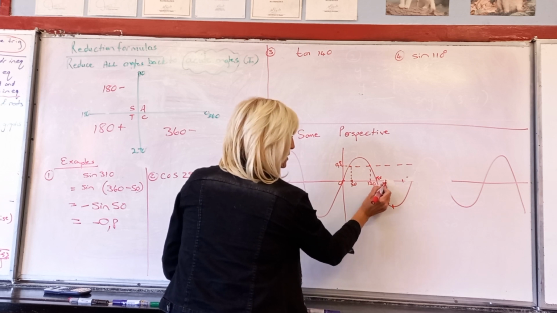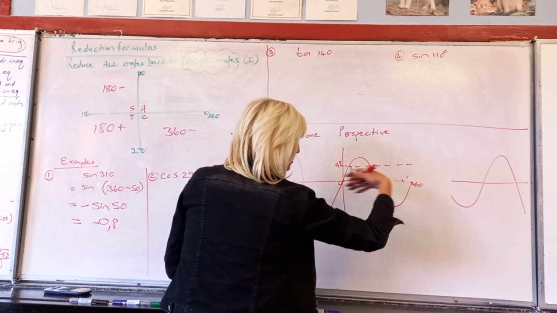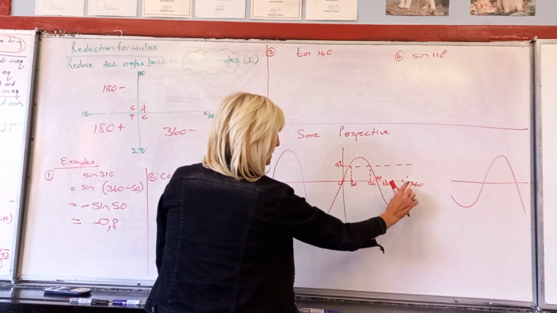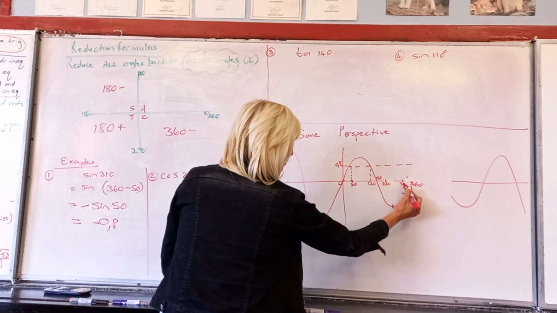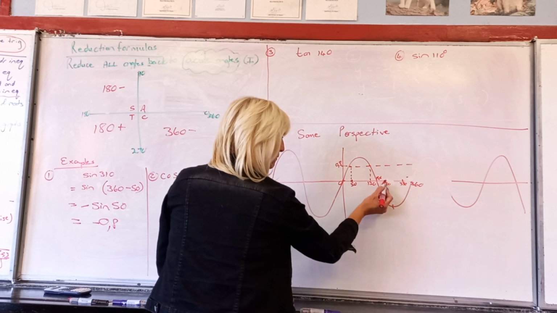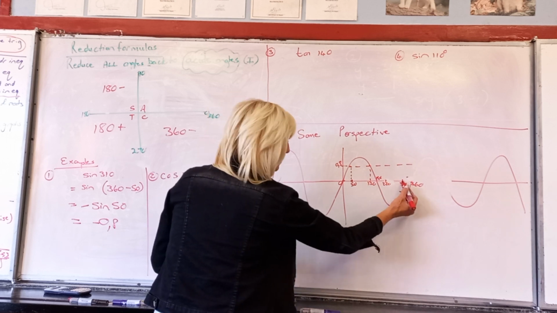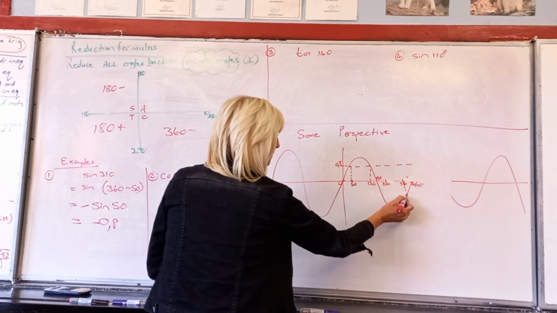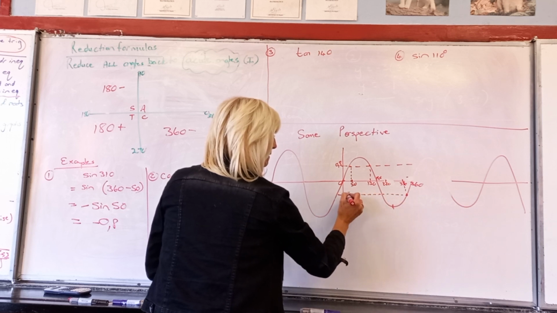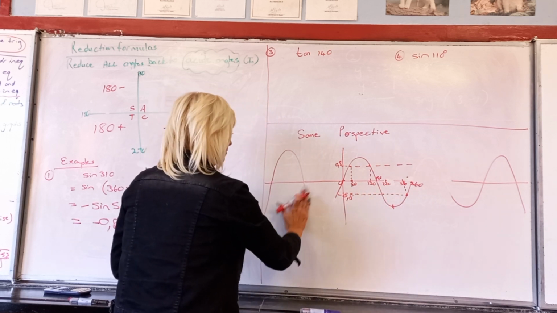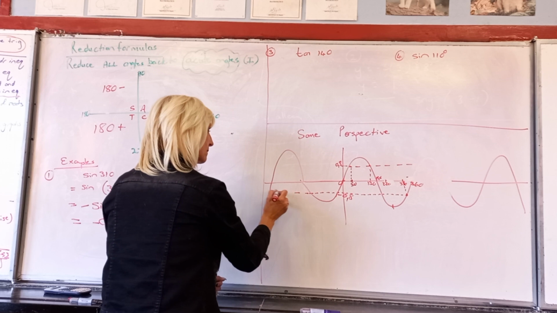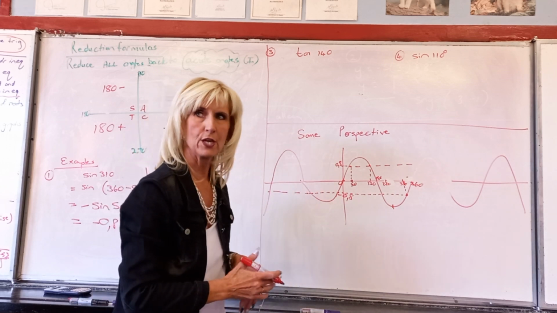So 50 added there is 230. This was 360. Sorry, I was counting wrong there. So this is 90, 180, 270, right? 360. So there should be now what we said was 310, because it's 50, 50, 50 all the time. Now it's going to work out fine because my answer is positive there. So this answer here will be negative 0,8. Oh, the sketch is horrible. So when you go all the way down here, it's all the time going to be negative 0,8.